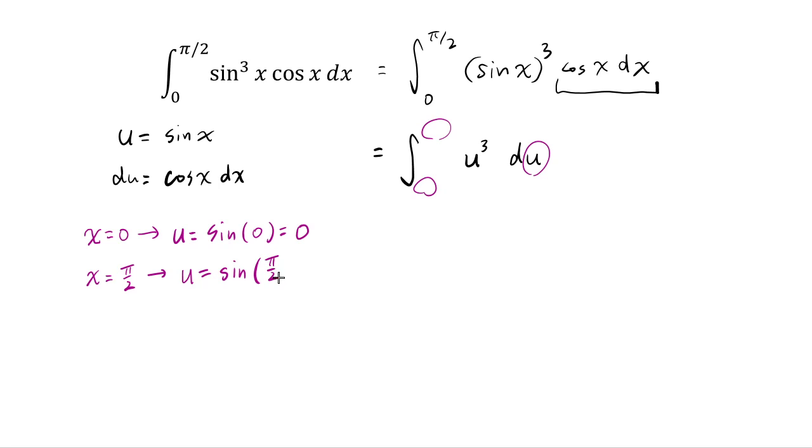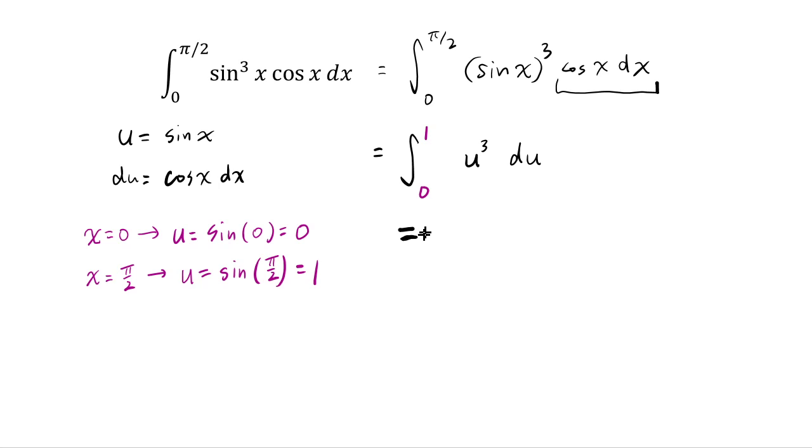Sine pi over 2, u is sine pi over 2, and that's equal to 1. So that means that the numbers that you should be plugging in as the bounds should be 0 to 1 du. If you don't change the bounds, then you'll likely end up with an incorrect answer.